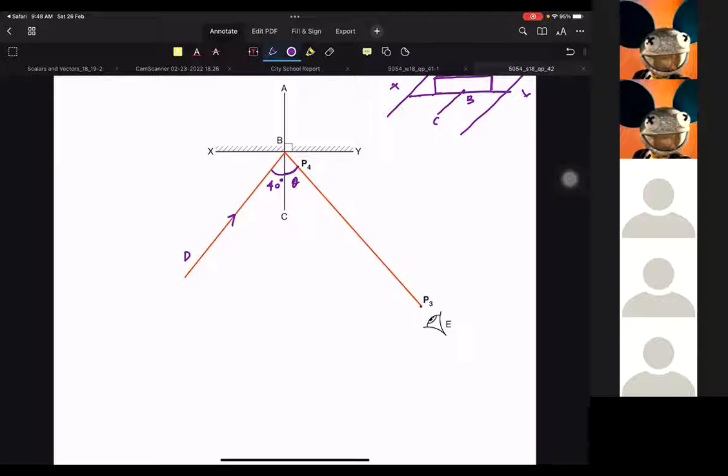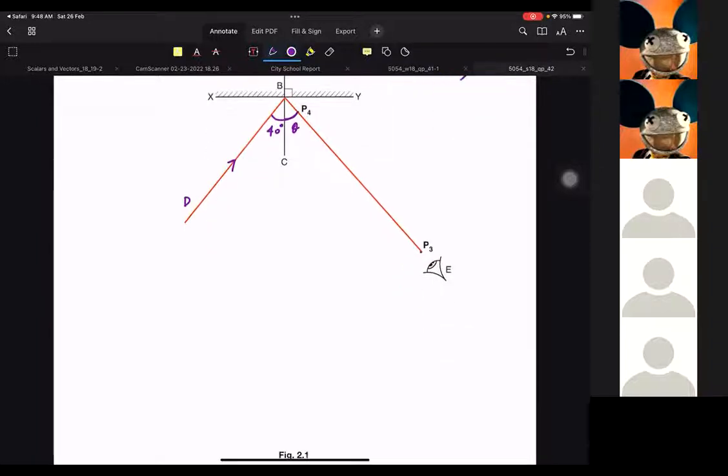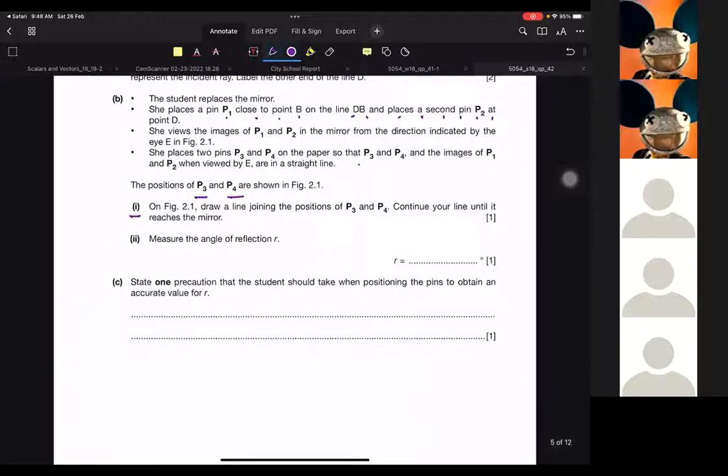I don't know what it might be, but whatever it is, it will be close to 40, not exactly that. You can actually check it using a protractor. Then let's assume it was 41. This is just an assumption. You can do it on your own later on.